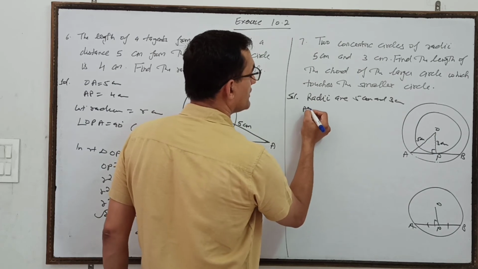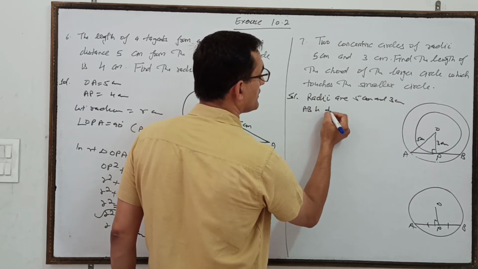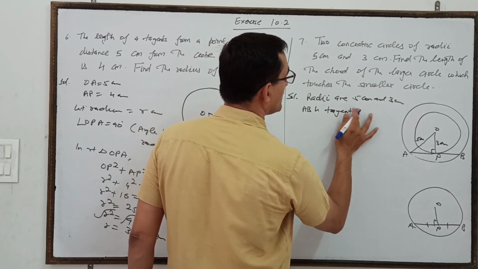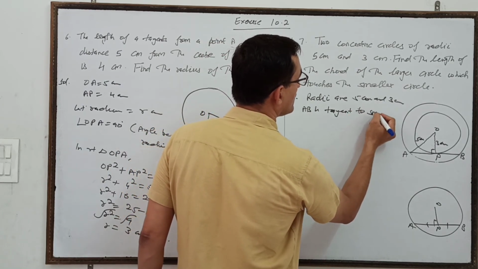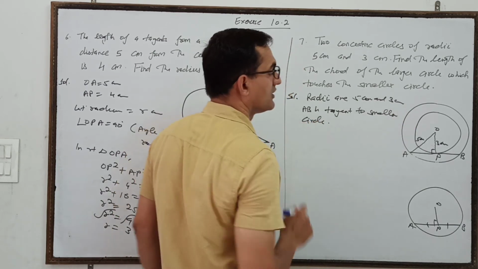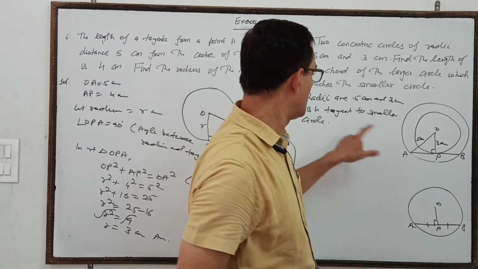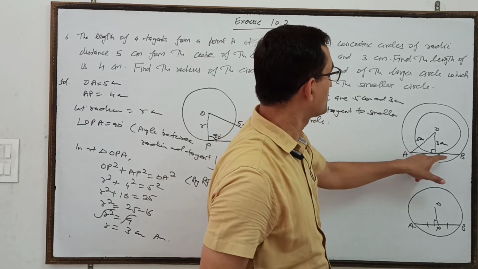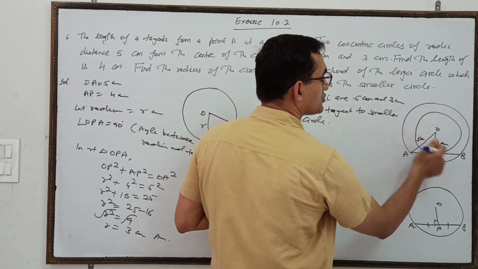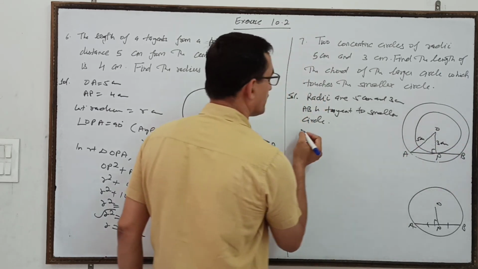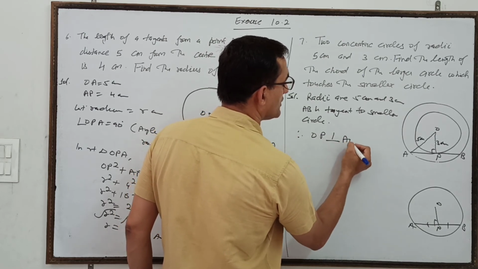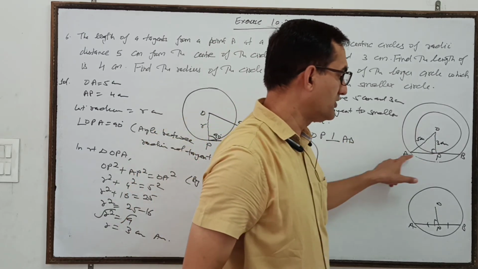You will say AB is tangent to smaller circle। AB क्या है, this AB is tangent इसके लिए छोटे सर्कल के लिए। Therefore OP is perpendicular to AB.